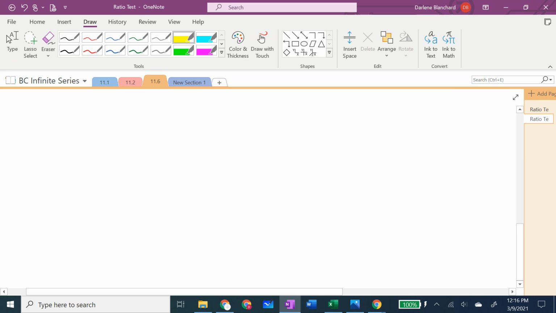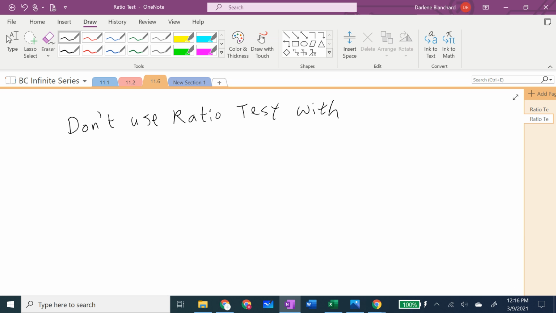Don't bother with the ratio test, and we're going to learn later how to deal with these issues where it won't work. Don't bother with it when you see something that looks like a rational function.